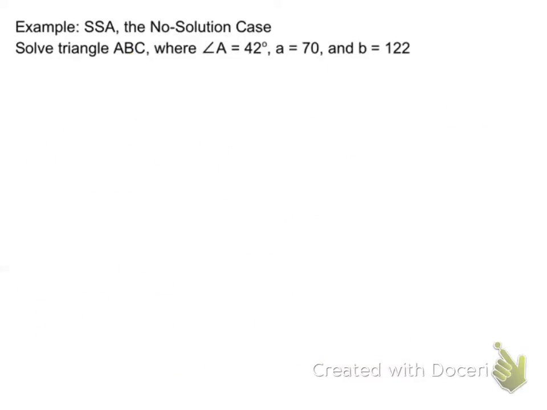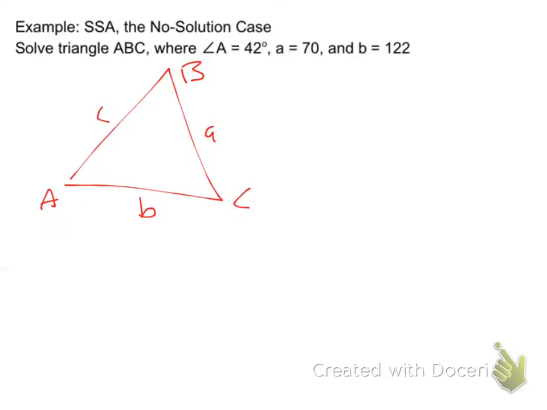The last example. No solution. My thoughts exactly. Now, drawing my triangle again. A is 42, 70, and B is 122.